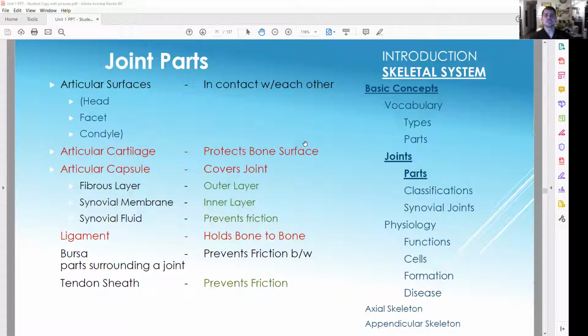So I might ask you, if someone threw a baseball at my face and I broke a bone there and it hit me in the jaw, which of these 4 bones is most likely to be injured? I'd never told you, if you break your jaw, you break the mandible, but you should be able to say, well, my jaw's right here. What bones are right here? So there will be critical thinking, where I have you think outside the box, but you would be able to get that from all of the information in here.